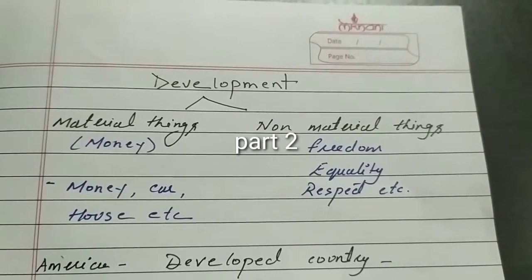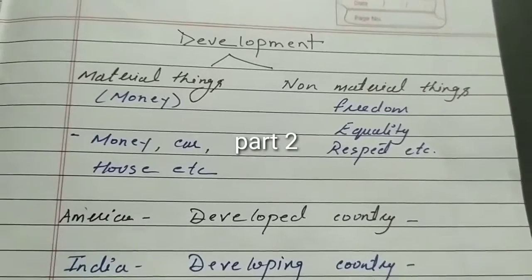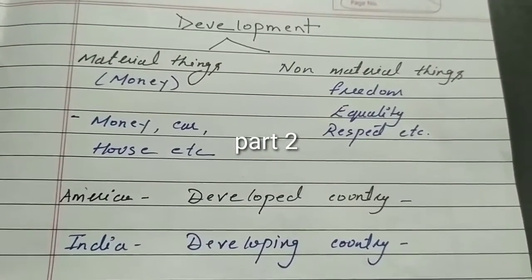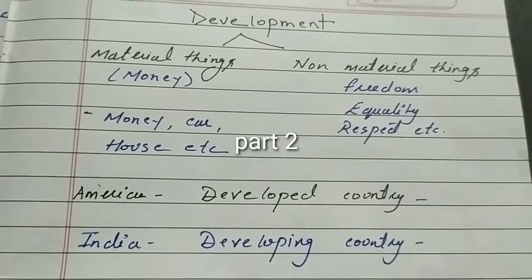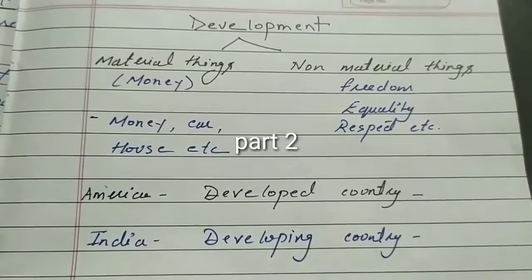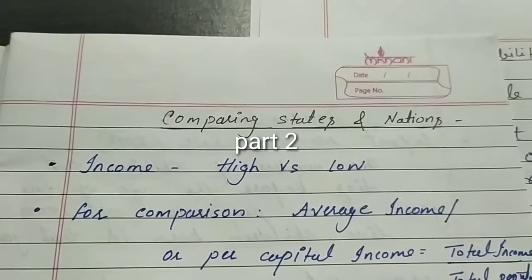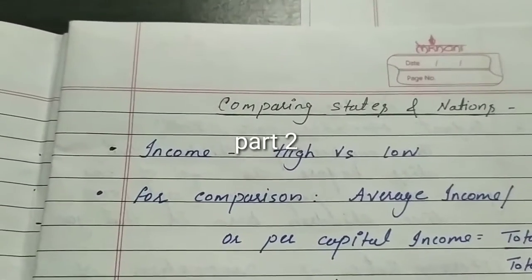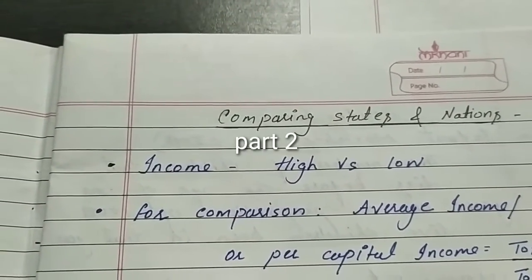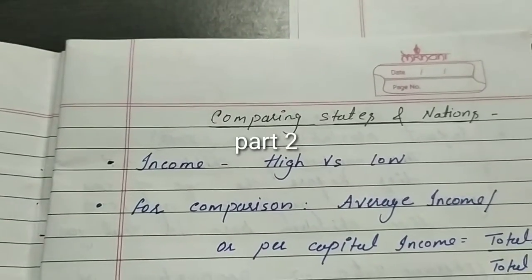Okay, now here, we always say that America is a developed country and India is a developing country. So why is it so? Let's understand the difference between developing and developed countries. It depends upon their income. High income countries are known as developed countries, low income countries are known as underdeveloped or developing countries.